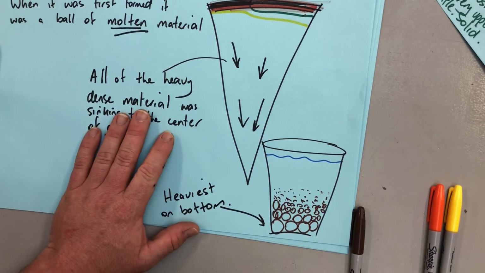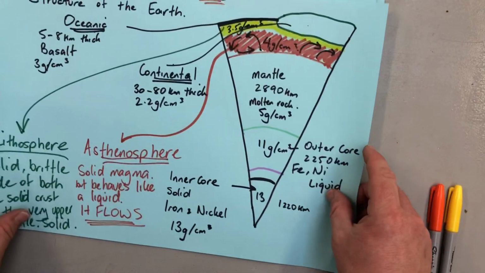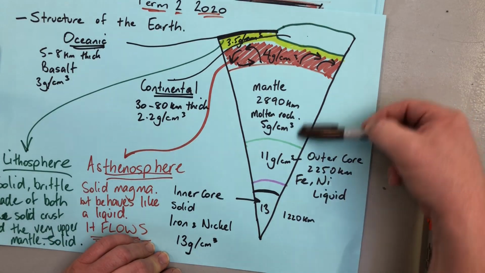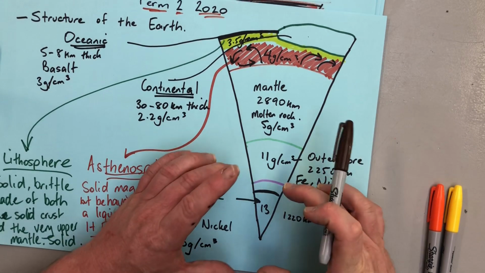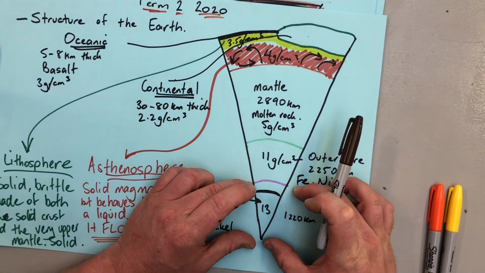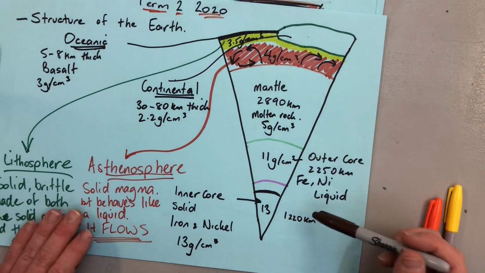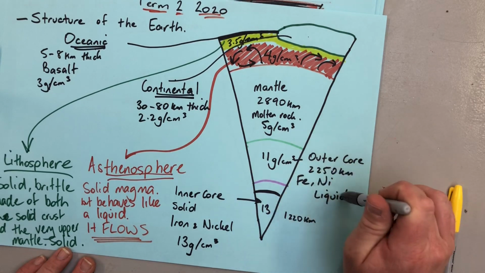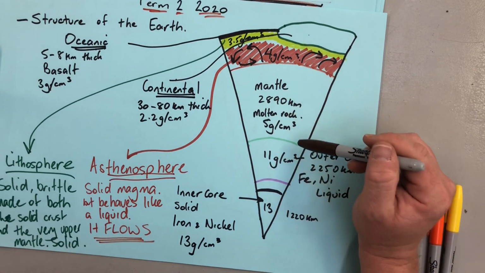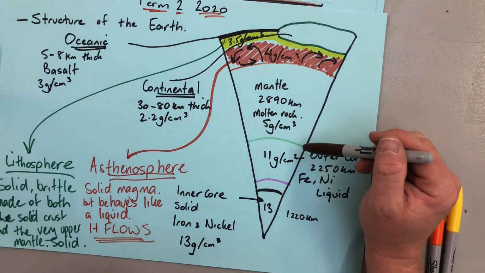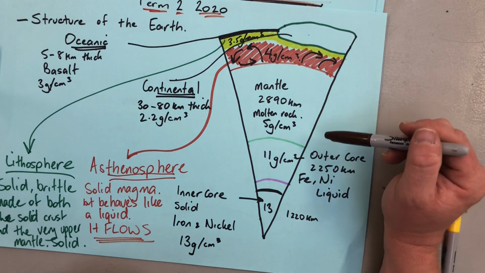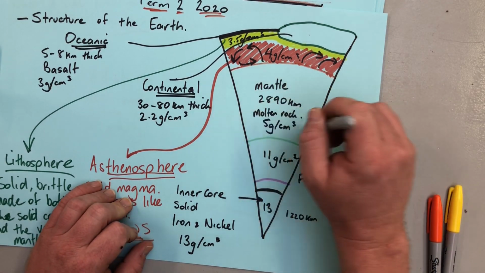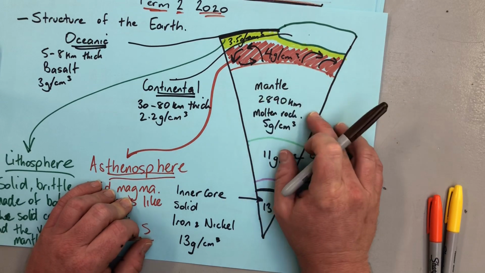All of the heavy material, like iron and nickel, was pushed to the centre of the Earth, where it formed a solid, dense lump. And around the outside of that, we had a not so solid lump. It was liquid, but it was made out of the same materials. The mantle is made out of a lot of metallic elements, so iron and cobalt and nickel and copper and zinc and gold and silver, and all of these materials are quite heavy, so they will sink into this part.